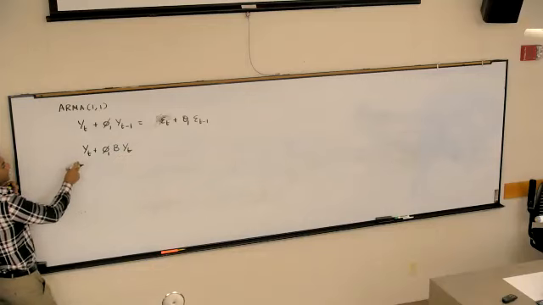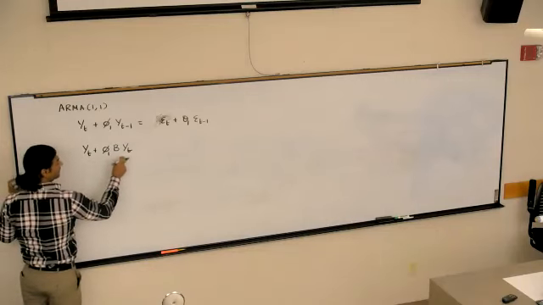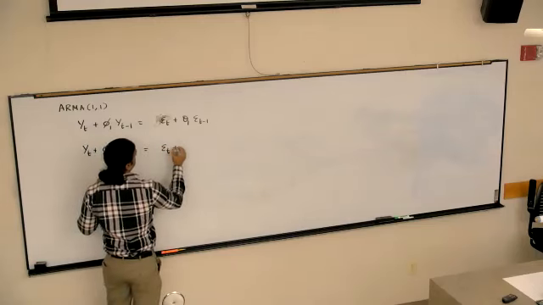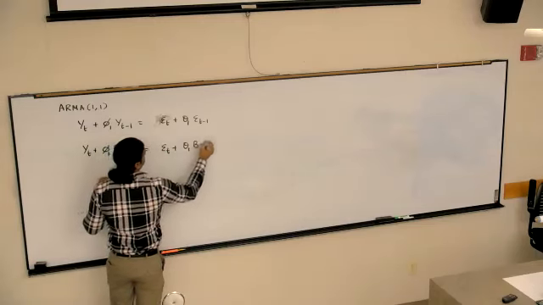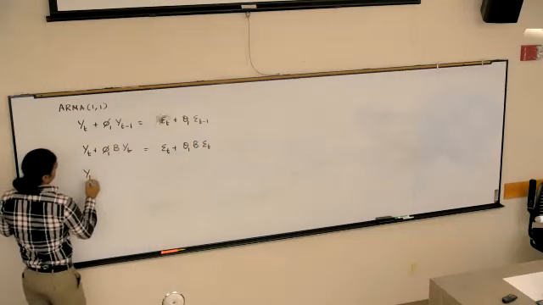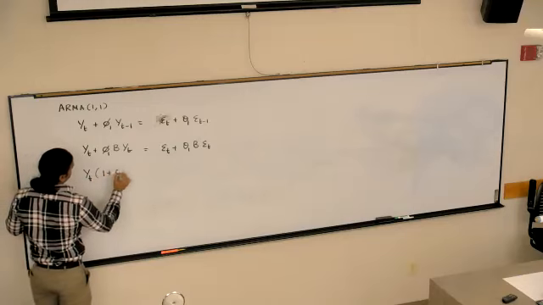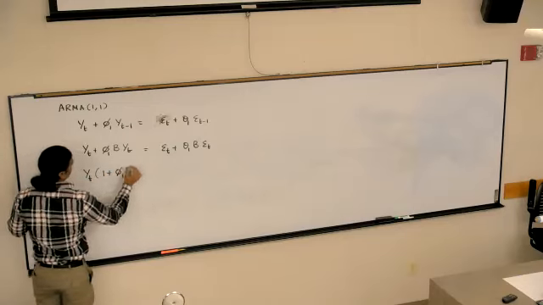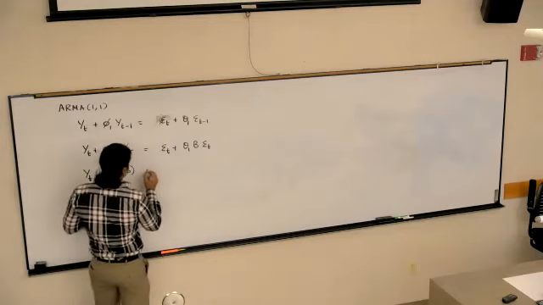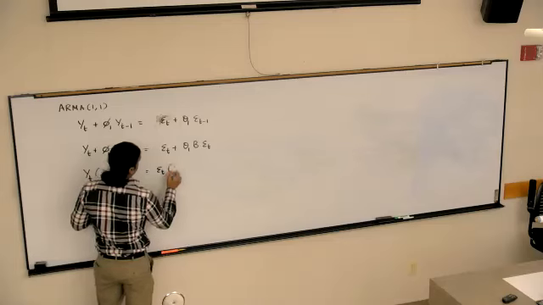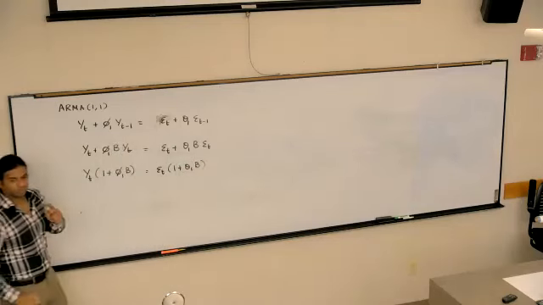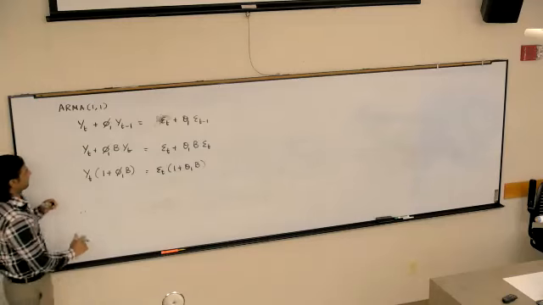So Yt plus phi1 multiplied by B and Yt equals epsilon t plus theta 1 B epsilon t. So Yt times 1 plus phi1 B equals 1 plus theta 1 B epsilon t, right?